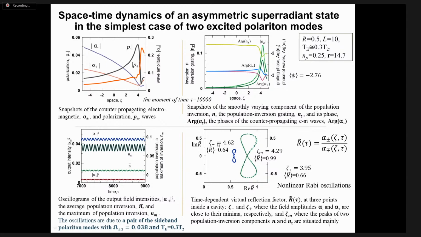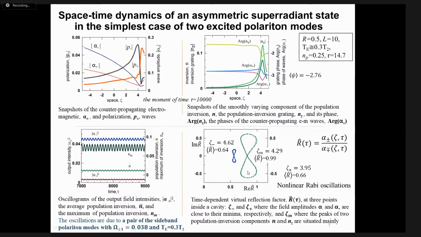And because of this, if we calculate the ratio of the counter-propagating wave amplitudes at the points where, for example, the amplitude of the electromagnetic wave alpha minus is minimum, we will see that this effective reflection factor becomes a bit greater than the reflection factor at the facet itself.